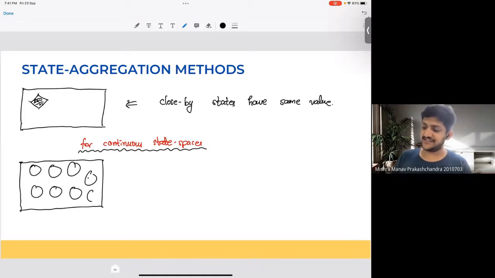This is a continuous state space, and I'm assuming the similarity is like if the states are closer to each other, then they are similar to each other, right? Now you see, if I've done some sort of clubbing, it still doesn't cover the entire state space, right? There are still spaces remaining. So I do more such clubbing.